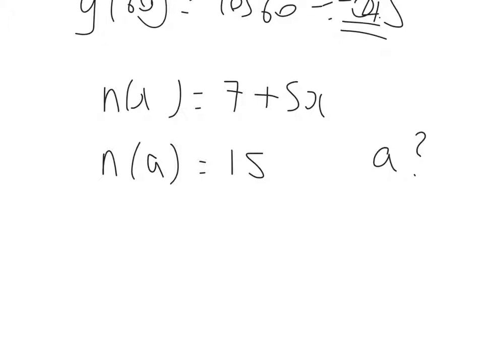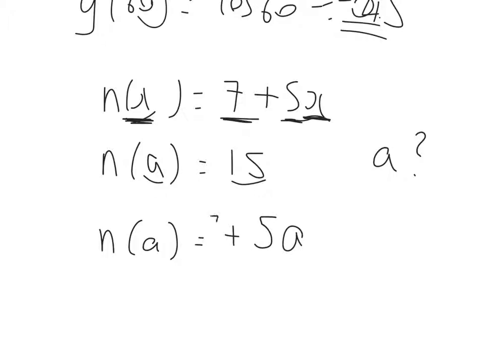A common mistake here at this point is to replace x with 15, but 15 is not in the bracket, a is inside the bracket. So whatever's in the bracket, I'll write it down, I'll multiply it by 5 and add on 7. Whatever's in the bracket is a, so the substitution is x for a.